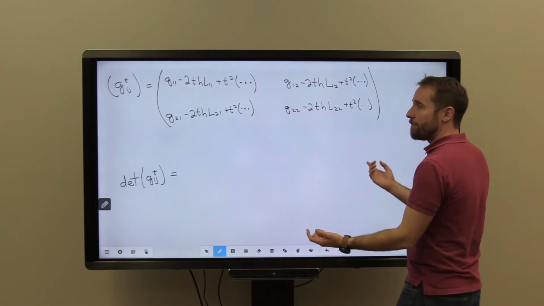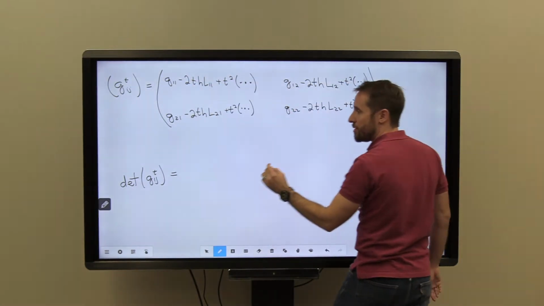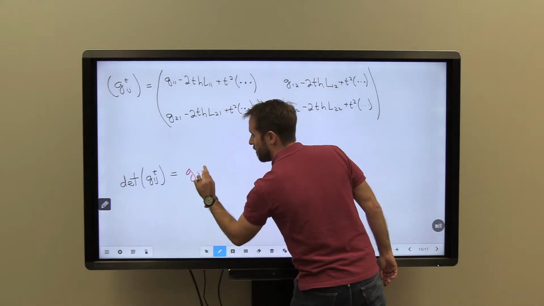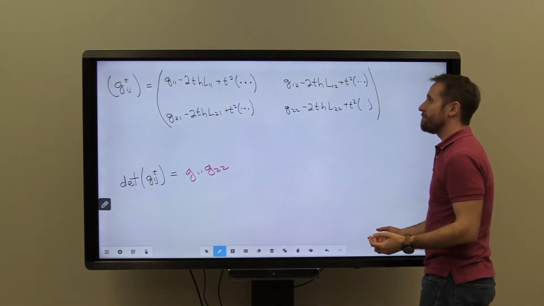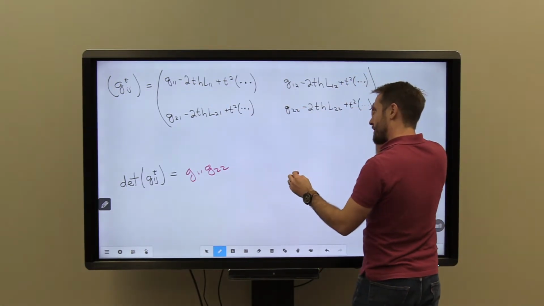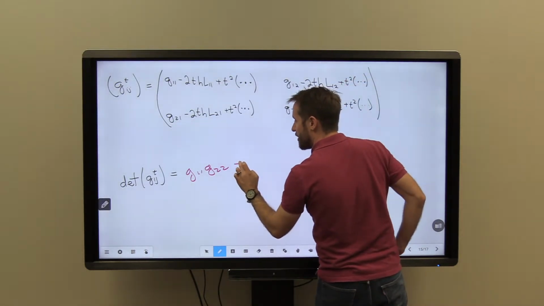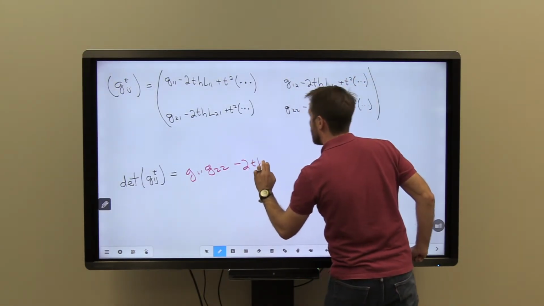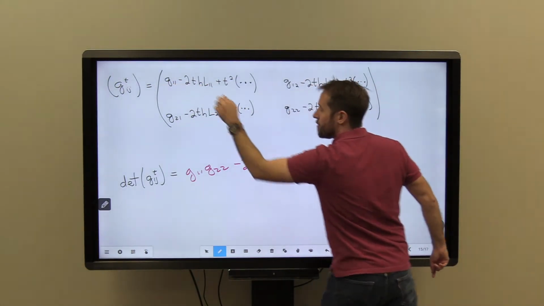For example, when I'm multiplying through here, I'm going to get a G11 times a G22. That will have no t's on it. I will get a negative 2th L22 times G11.